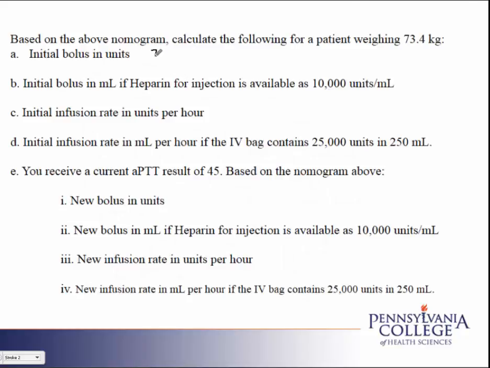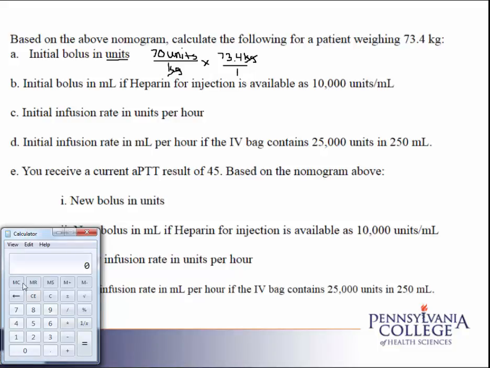From the protocol, we're to give the patient 70 units per kilogram. We'll need to multiply that by the patient's weight of 73.4 kilograms to get a label of units. I put this over 1 as a placeholder. I see that the kilograms cancel and the remaining label will be the label of units which the problem asks for.